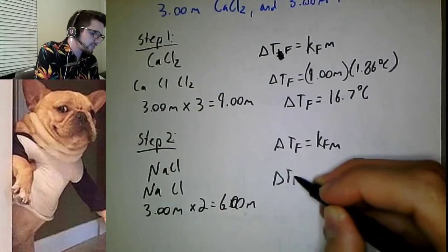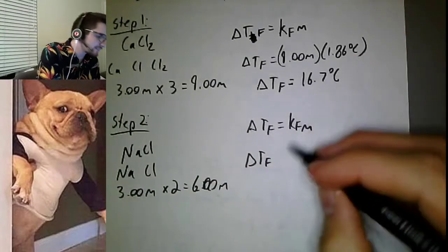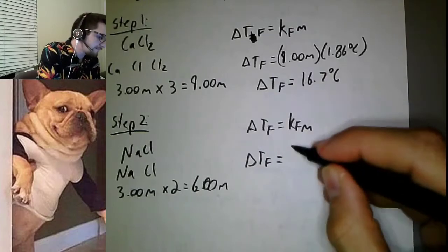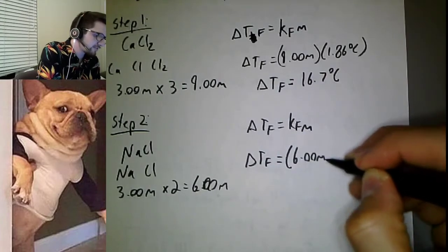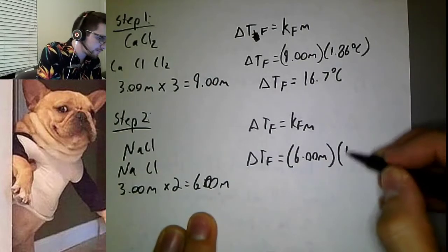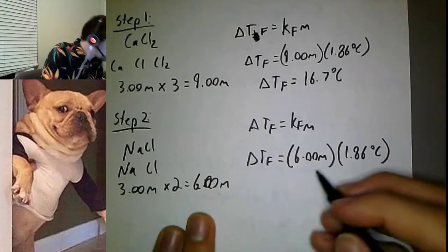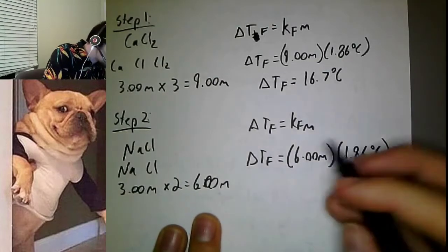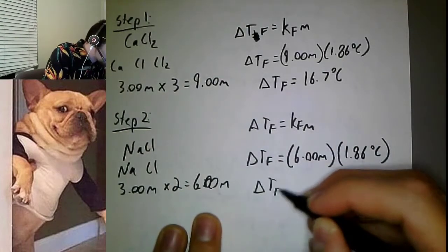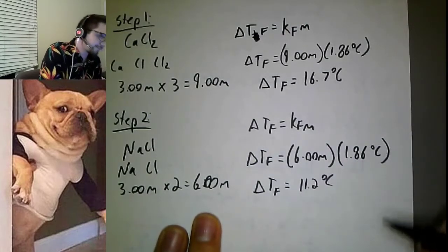I'm looking for my change in temperature because it asks me to compare the freezing points, so I need to find this. My M looks like it's going to be 6.00 M. And then my constant, I'm still dealing with water, so 1.86 degrees Celsius. When I multiply these out, I end up with my change in freezing point is 11.2 degrees Celsius.